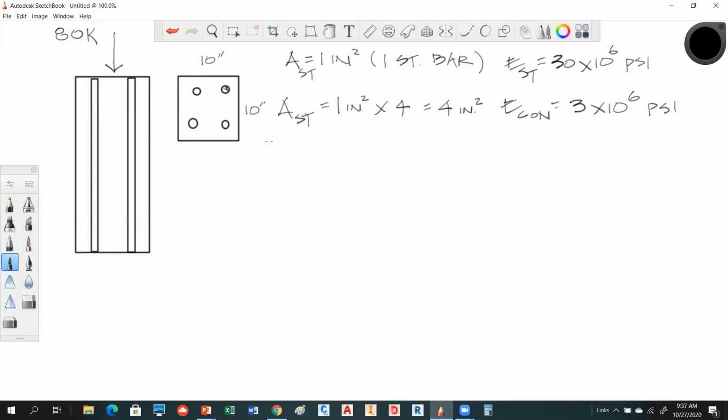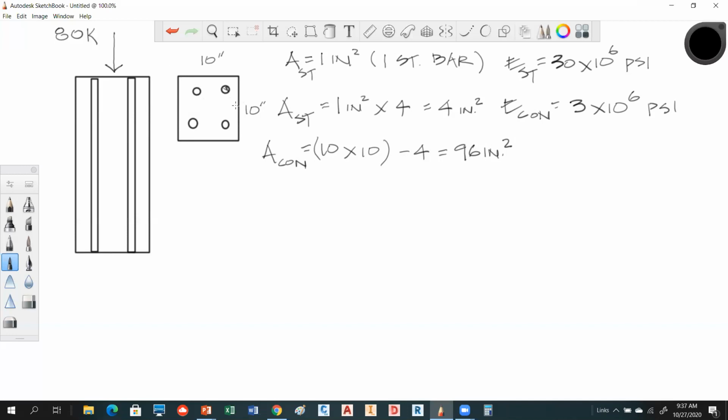The area of the concrete is going to be equal to 10 times 10 minus 4 square inches. 10 times 10 gives me 100, minus 4 gives me 96 square inches. That's important. Everybody understand that, right? We're just subtracting those areas out.